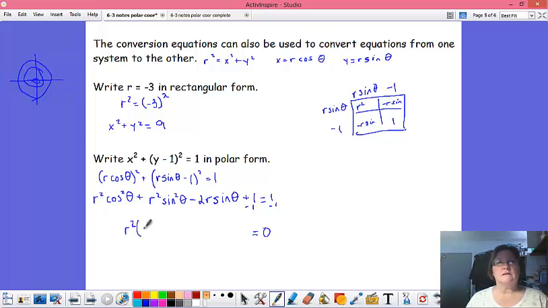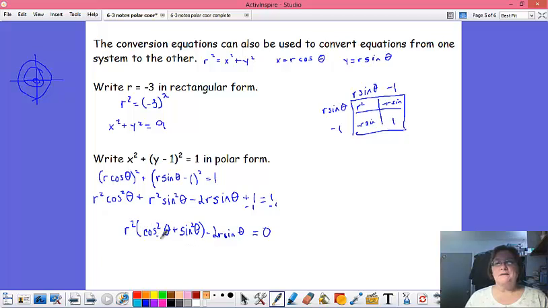R squared, if I divide this by r squared, I get cosine squared theta. There's a plus sign. If I divide this term by r squared, I get sine squared theta. And then I still have this minus 2r sine theta.